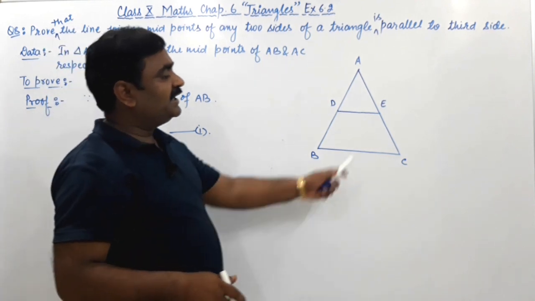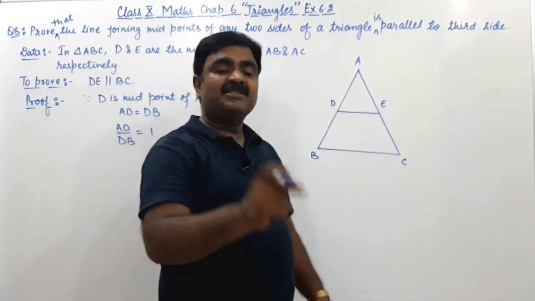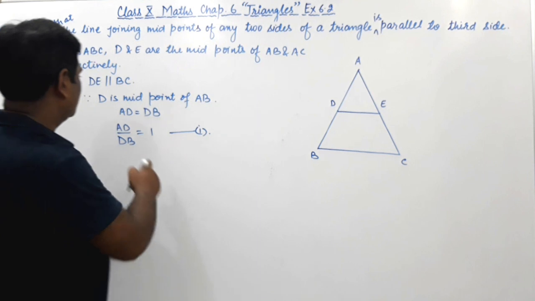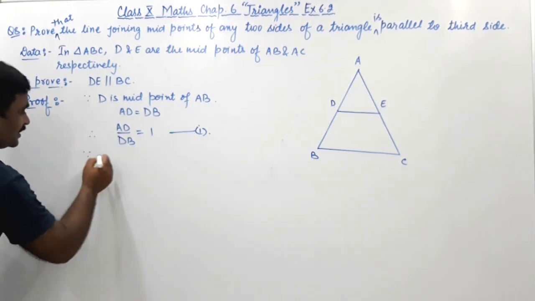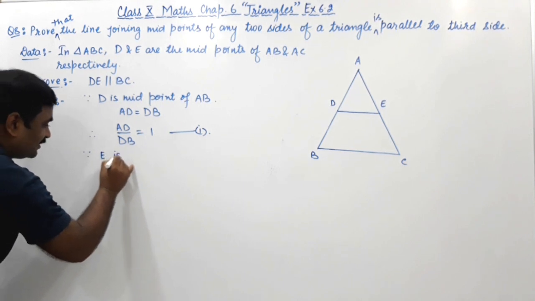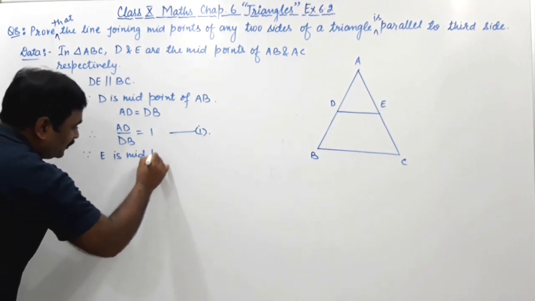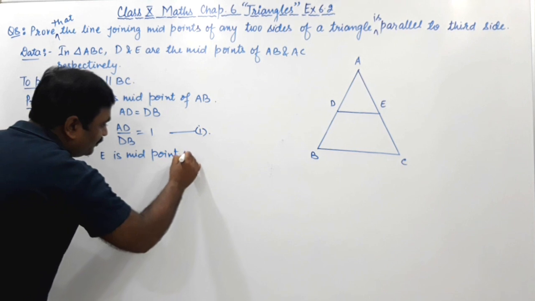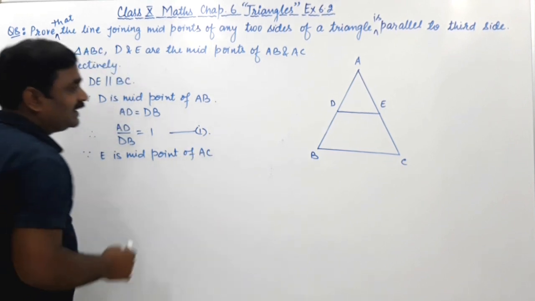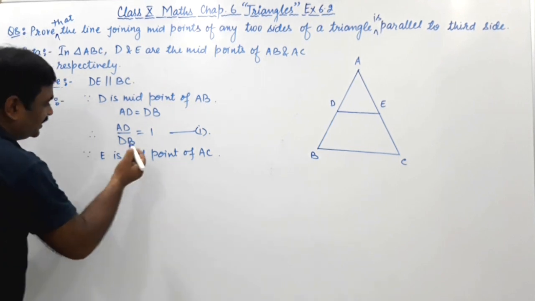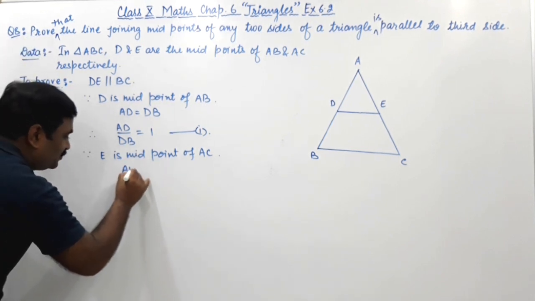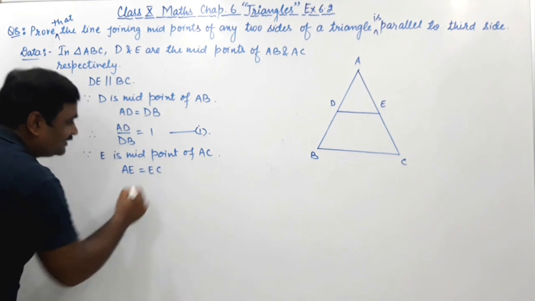Similarly, you just take this point E. Since E is the midpoint of AC, E AC का मिड पॉइंट है, therefore AE will be equal to EC.